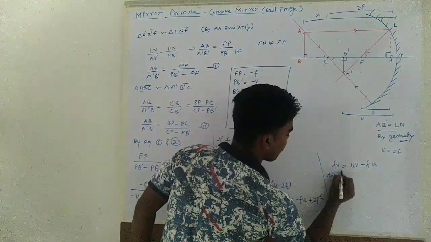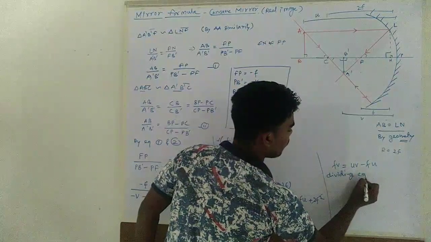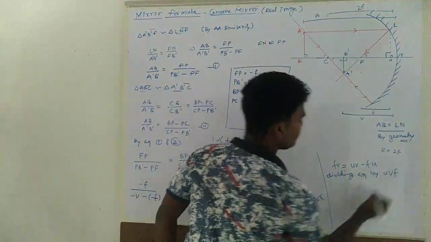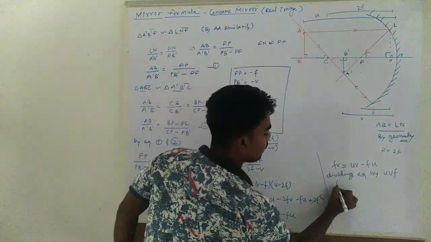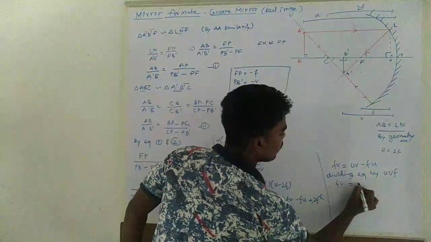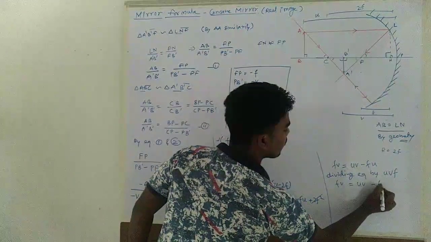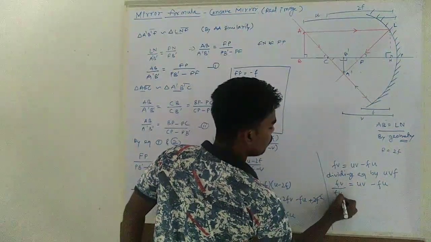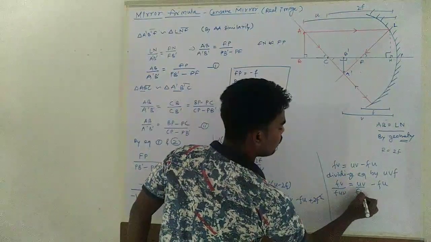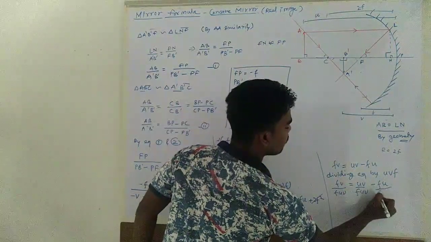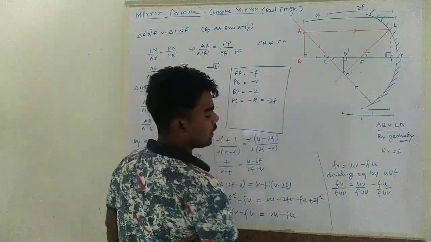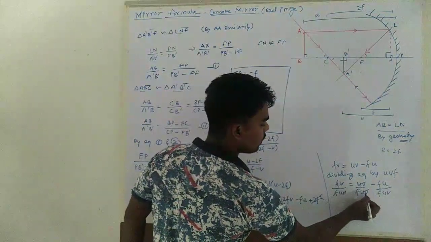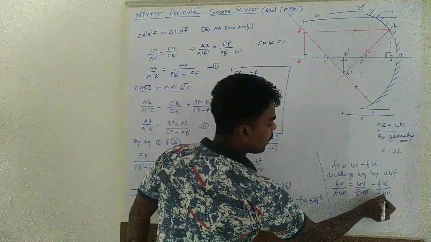Dividing the equation by UVF, you will get FV over FUV, UV over FUV, minus FU over FUV. So what is cancelled? F and F cancelled, V and V cancelled, UV cancelled, F and U cancelled.